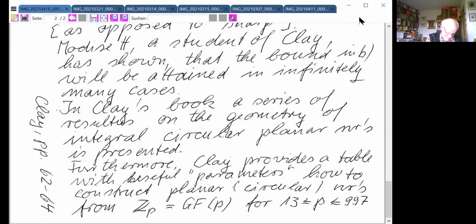I would like to make a big line and start a different type of near-ring theory under the headline Near-rings of Group Mappings. And we go, so to say, to the other side.